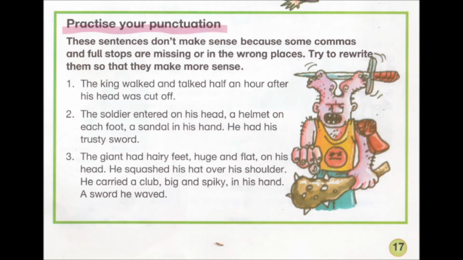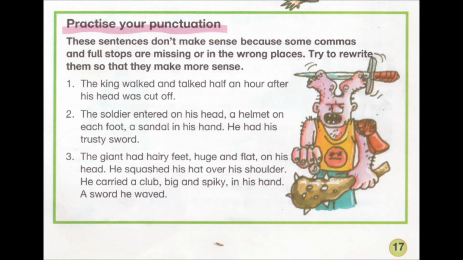You have to fix the punctuation, and only by adding full stops, capital letters, commas, or changing where they are in the sentence, can you make that make sense. So I don't want you to change the words. I don't want you to add words. I just want you to think about the punctuation so that that sentence makes sense.